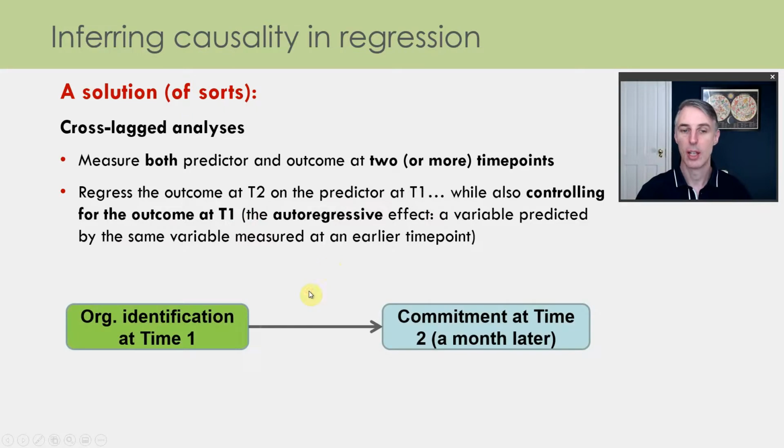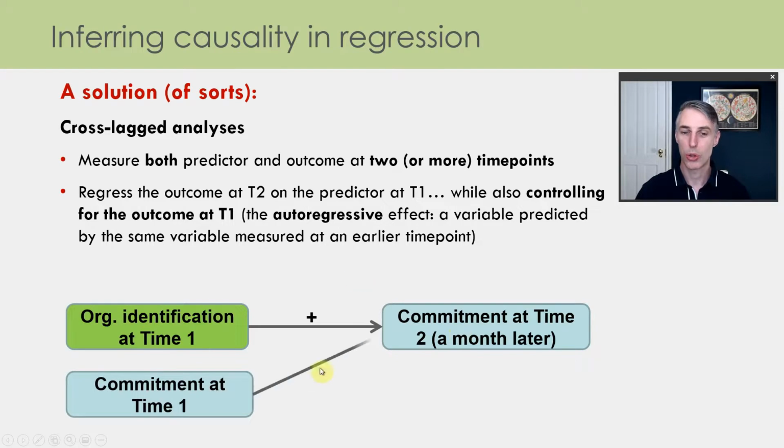So we're not just specifying identification at time 1 predicting commitment at time 2, we're also controlling for commitment measured at time 1. So this effect here of commitment at time 1 predicting commitment at time 2 is often referred to as the autoregressive effect. Okay, so it's an estimate of a variable predicting itself measured at a different time point.